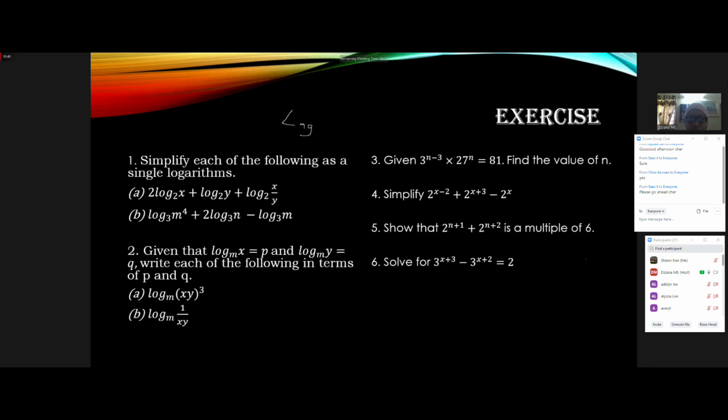Okay, this exercise is related to the slide that I gave today. Okay, these are the questions that you have to do. You still have a few more minutes. For number 1, can you just do it first?